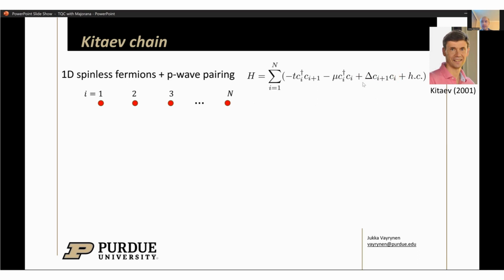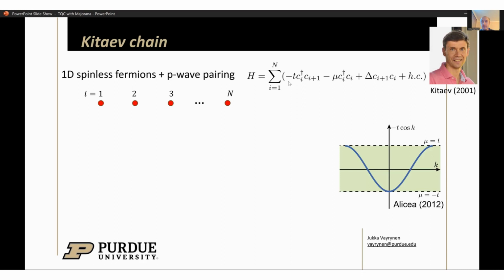And this is p-wave pairing because it couples neighboring sites. So if you write this in the continuum limit, you get the derivative here. In this model, you couldn't have local s-wave pairing because these fermions are spinless. So if you try to write c_i c_i, that's just 0 because of Pauli exclusion.